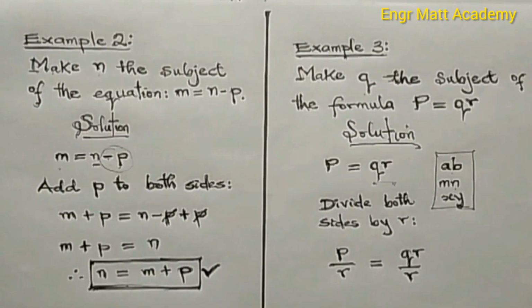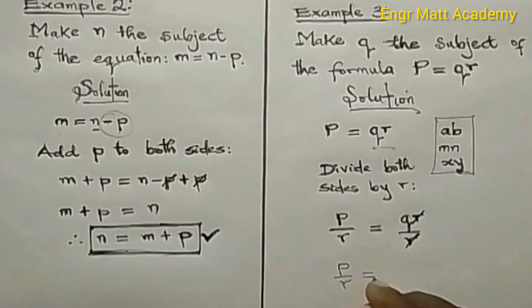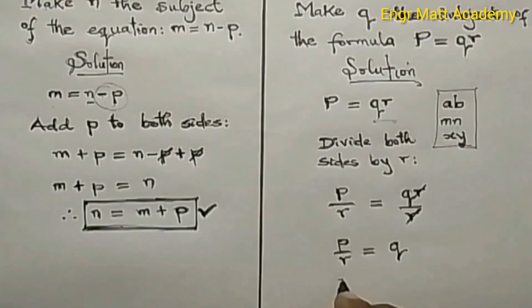Since we are dividing, r will cancel out on the right hand side. And what is left will be p over r equals q. And that is the answer. You can just write it this way to say q is equal to p over r.